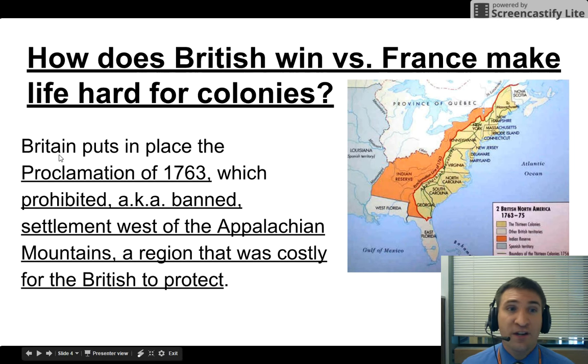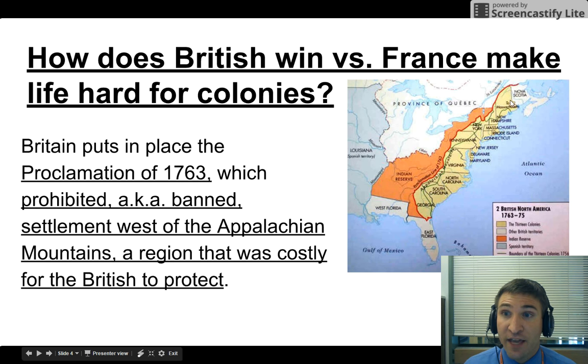Well, Britain puts in place the Proclamation of 1763, which prohibited, aka banned, settlement west of the Appalachian Mountains, a region that was costly for the British to protect.